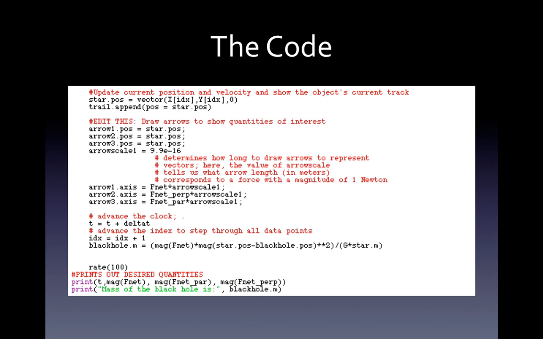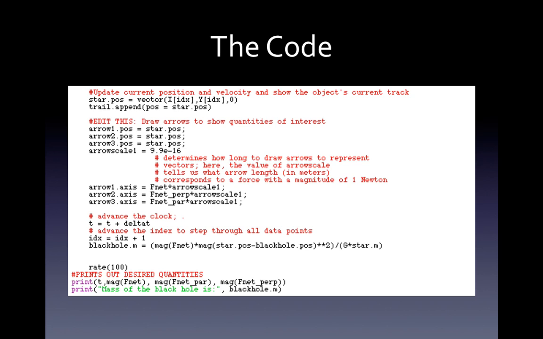For this next part of the code, I set the arrow scale of my arrows in my VPython diagram equal to 9.9 e to the negative 16 because I felt that it gave a good representation of the forces. Lower in this section of code there is a place where I placed the law of gravitation. I set the mass of the black hole equal to the gravitational constant times the mass of the star, then multiplied by the magnitude of F net times the magnitude of the star's position minus the black hole's position squared.